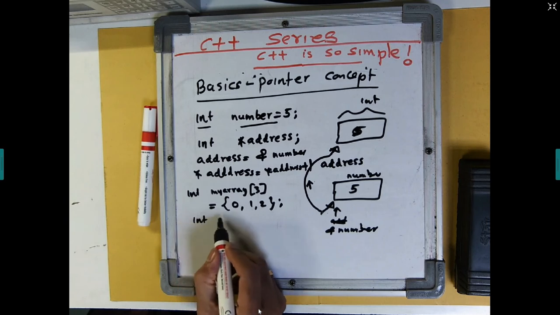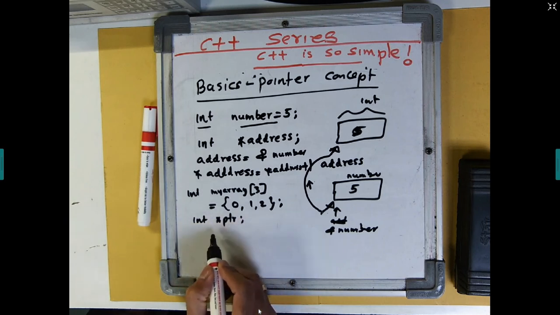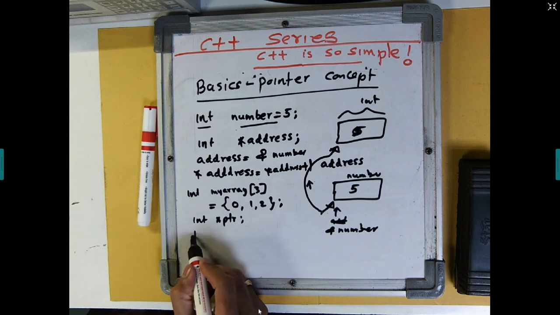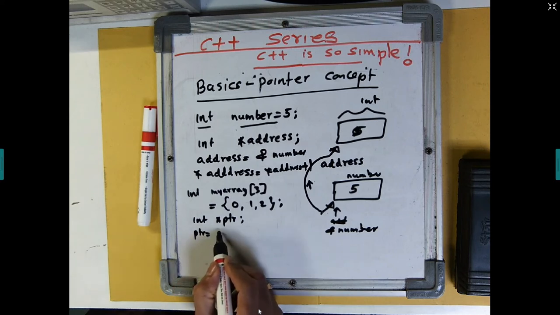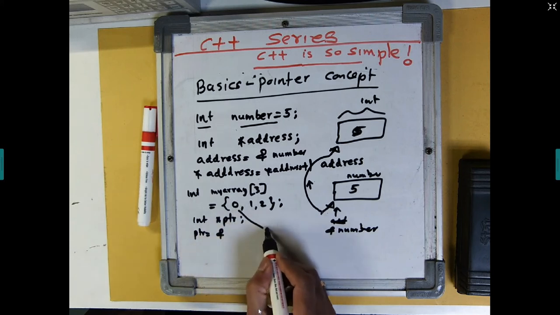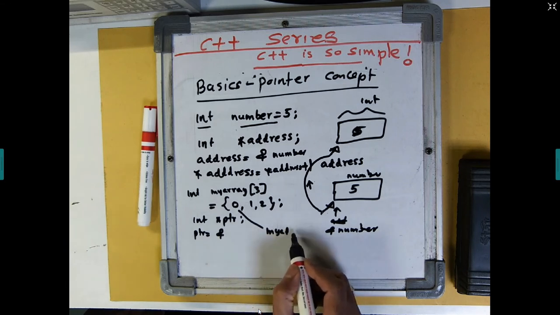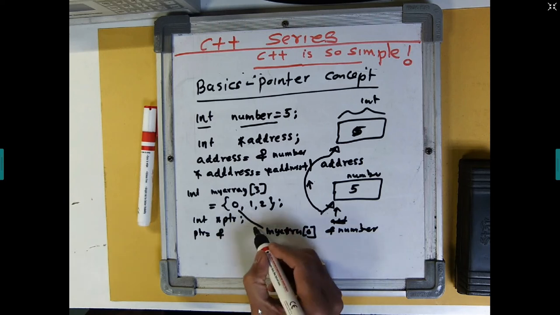After that I define a pointer variable of integer, and initialize ptr with the address of my array 0, this content.